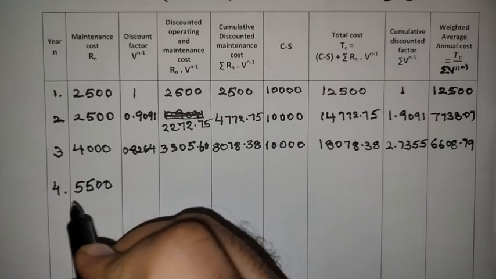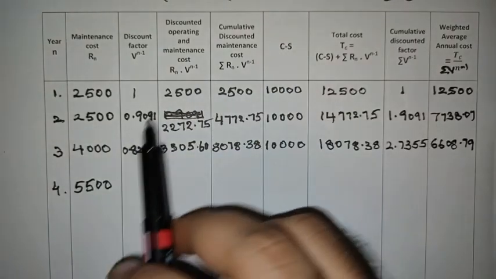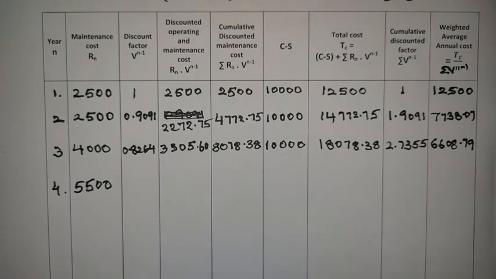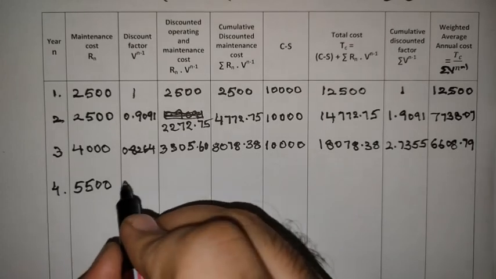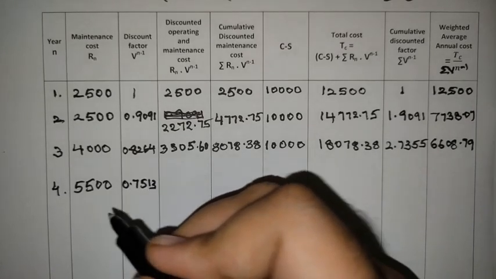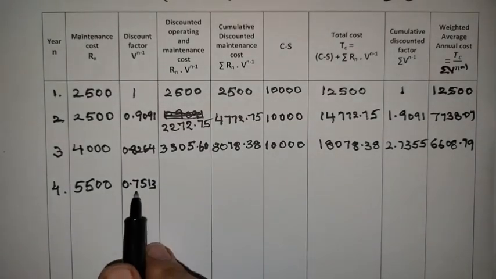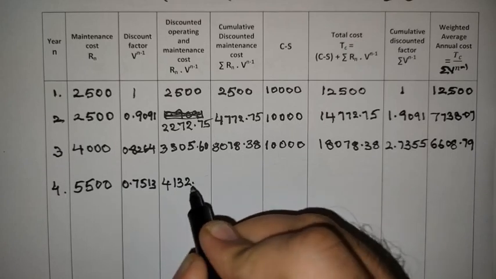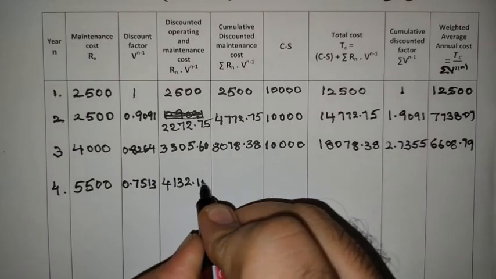5500. Next, v power n minus 1, now n is 4, v power 4 minus 1 means v cube. If you take v cube, then that value is equal to 0.7513. Next, Rn into v power n minus 1, so then you will get 4132.15.